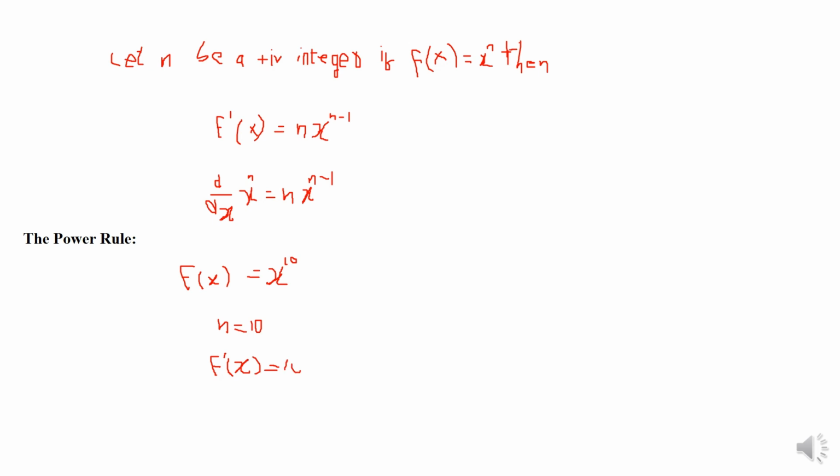We will multiply the power with x and subtract 1 from the power. So the power is 10, 10 minus 1 is 9. So this is the answer.